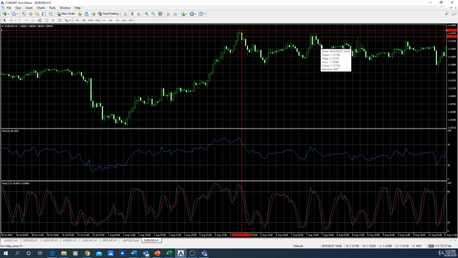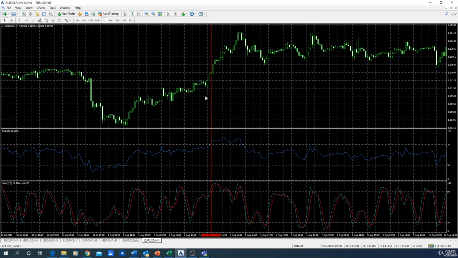So what are the important things to remember with this strategy? First, as I said, that's an extreme example right here. So how will you make it work? The first thing that you will do, you find out your level where the RSI and the stochastic are overbought or oversold.